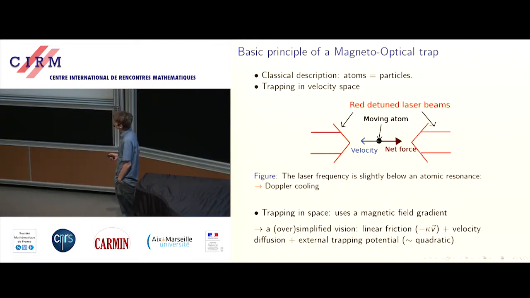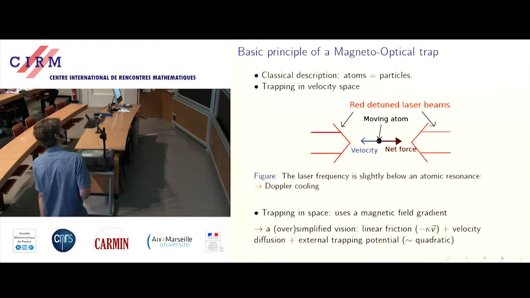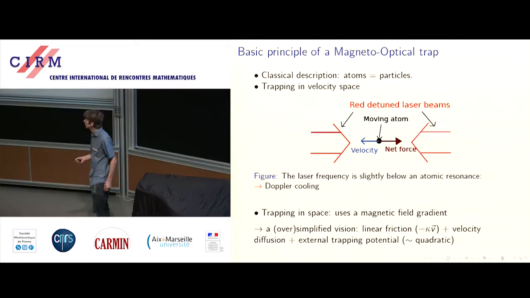Then, how does it work? How come these atoms stay trapped in the picture that I've just shown you? First, they're trapped in velocity space, which means they're just slowed down by the process. This is just one atom, and these are two lasers. Actually, there are more than two, but here are just two. The basic principle is a Doppler effect.